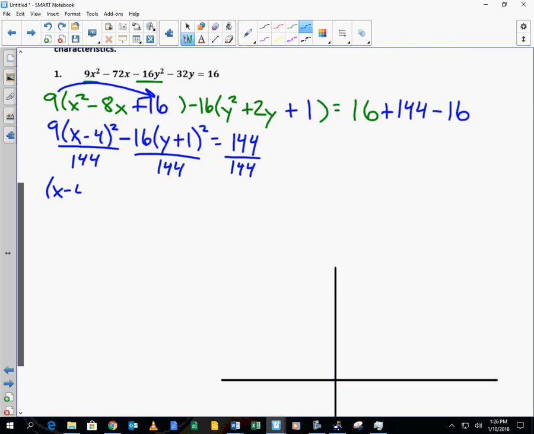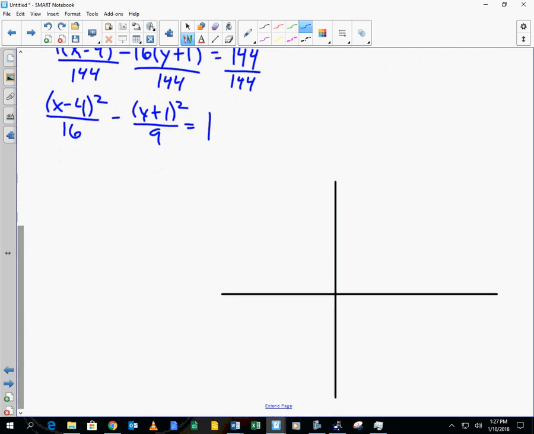I get x minus 4 quantity squared over 16 minus y plus 1 quantity squared over 9 is equal to 1. Is that now in standard form for a hyperbola? It is.